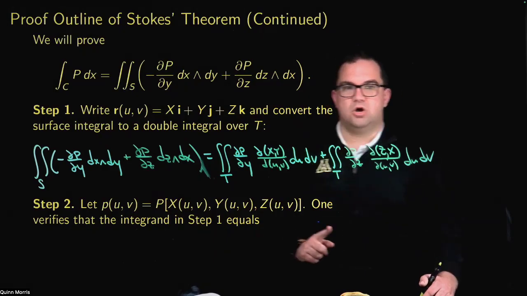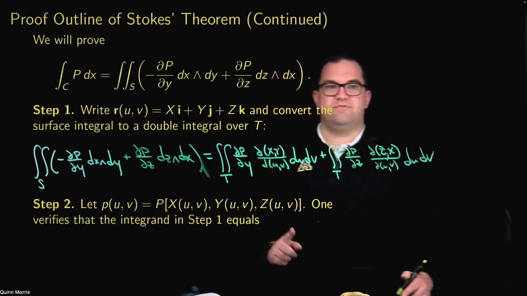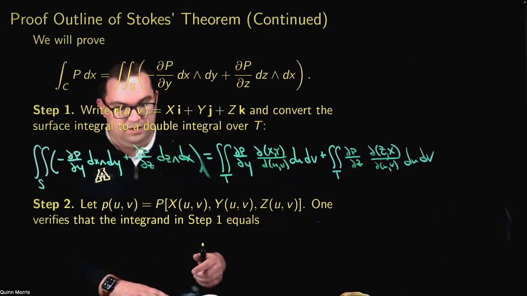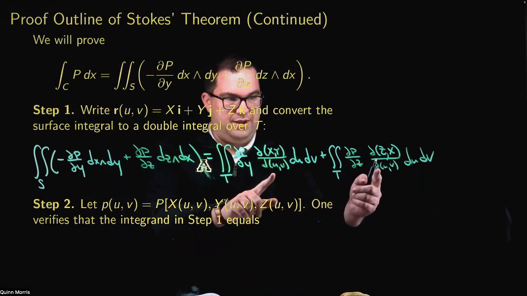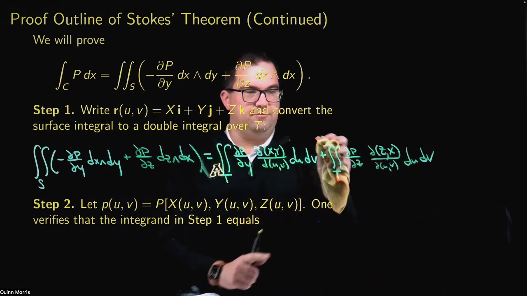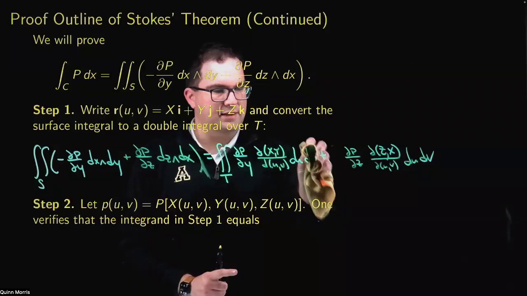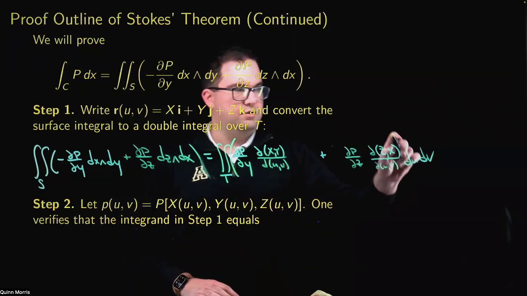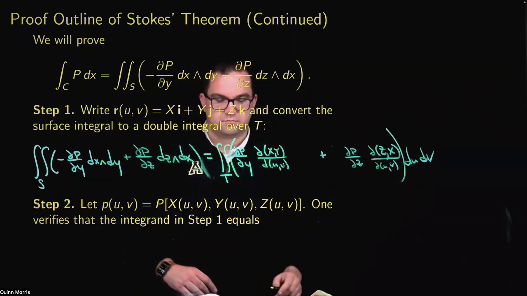So what we can do then is verify that the integrand right here. I should note these are both integrals over the same region, so I could just combine them into one integral. A step I forgot here. So it's just this whole integral.